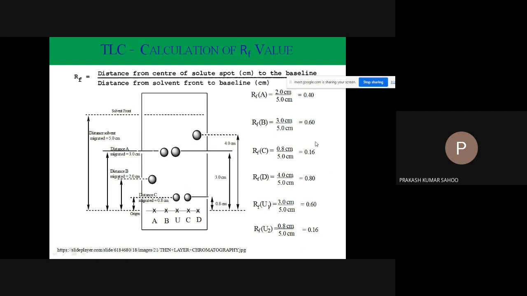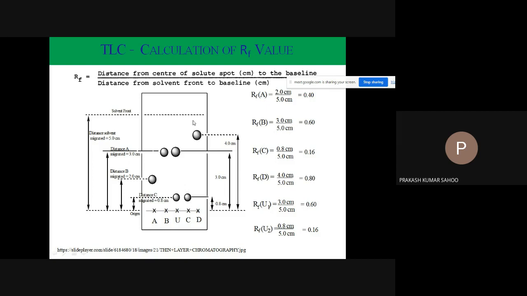So between all these, we have 0.60 for RF of B and 0.60 for RF of U1. RF of U1 means this one. Sorry, the higher value of RF is for sample D. The sample D has an RF value of 0.80.